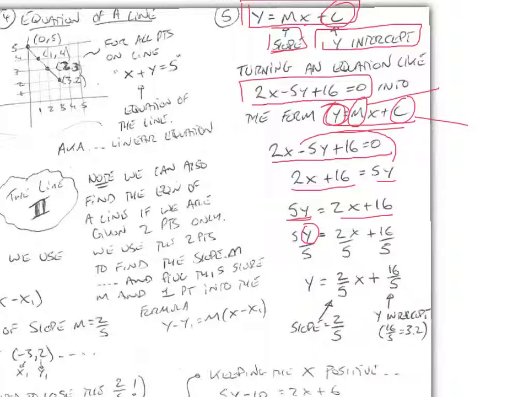To get rid of that 5, we simply divide all the terms in the equation by 5. Do unto one, do unto the others.